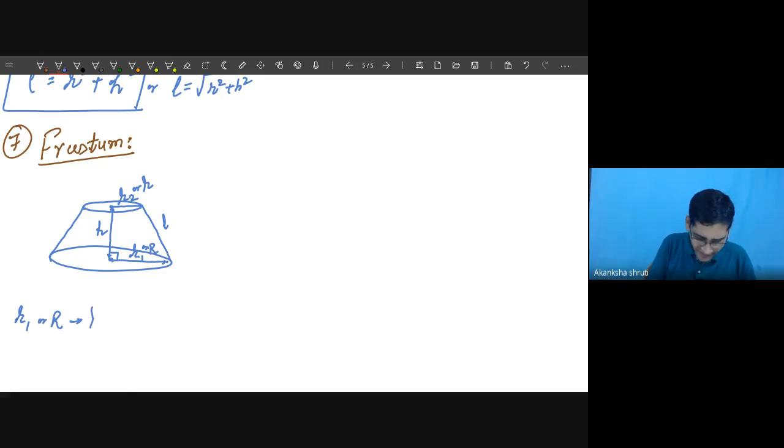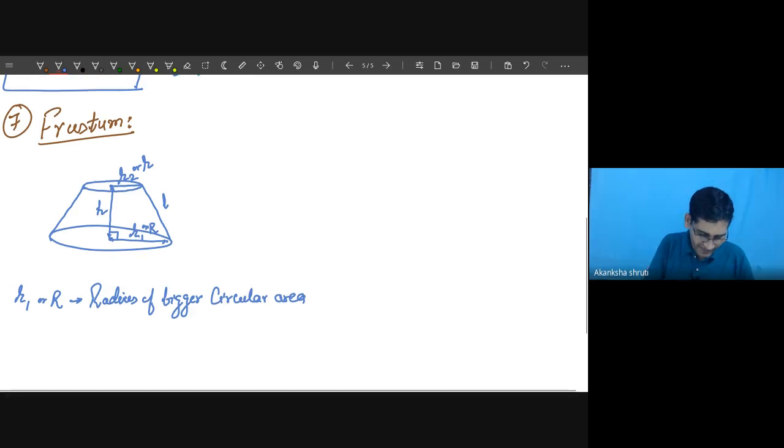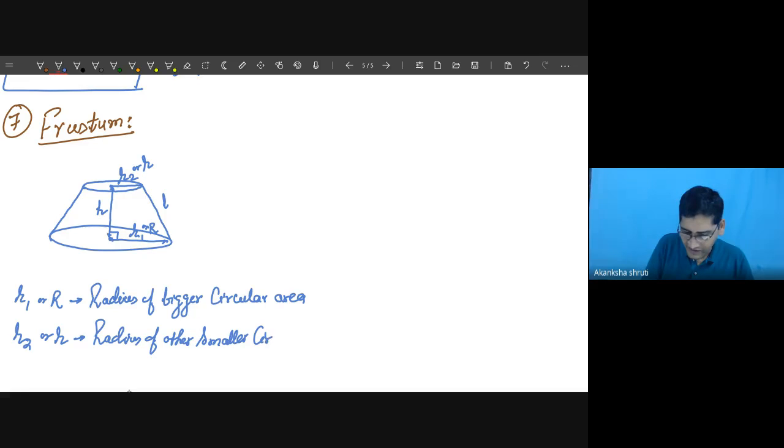R, or R1, is the radius of the bigger circular surface of the frustum. R2, or a small r, is the radius of the other, smaller circular area.